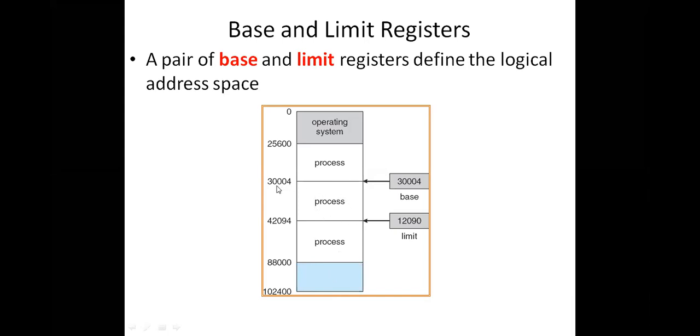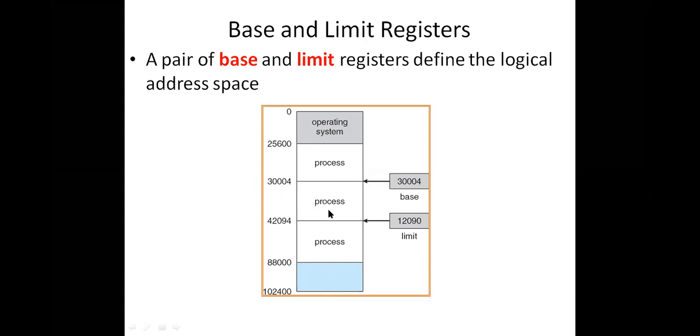For example, 30004 is the starting location of the process. So the starting address of the process is called the base address. It is also called a relocatable address. The base register consists of the starting address 30004.